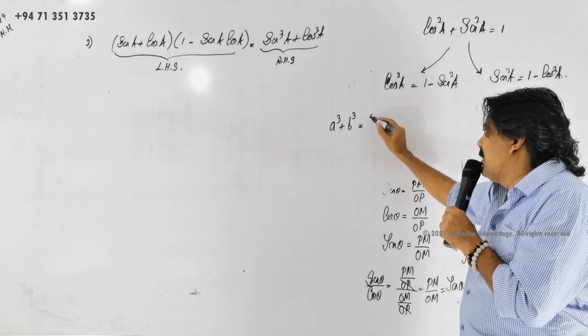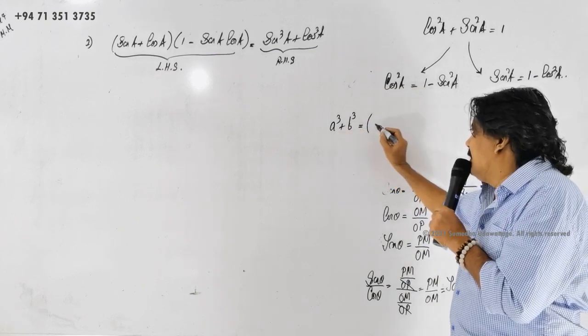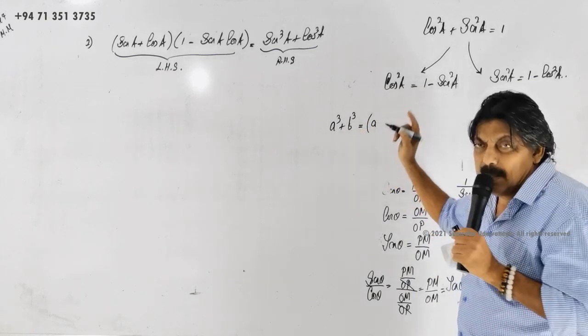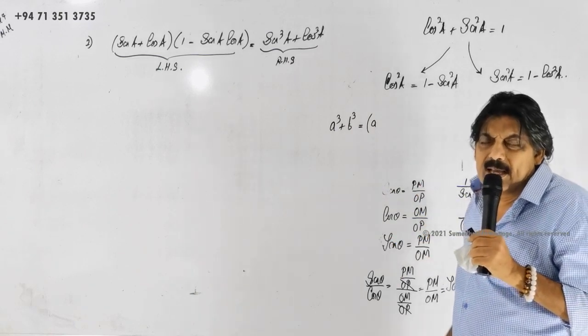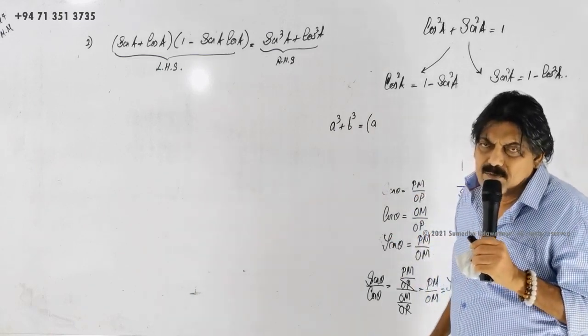A cubed plus B cubed, what are the factors? A cubed, you take A here. Sometimes you might have done it for O-levels. Sometimes your teacher may not have done it for O-levels.